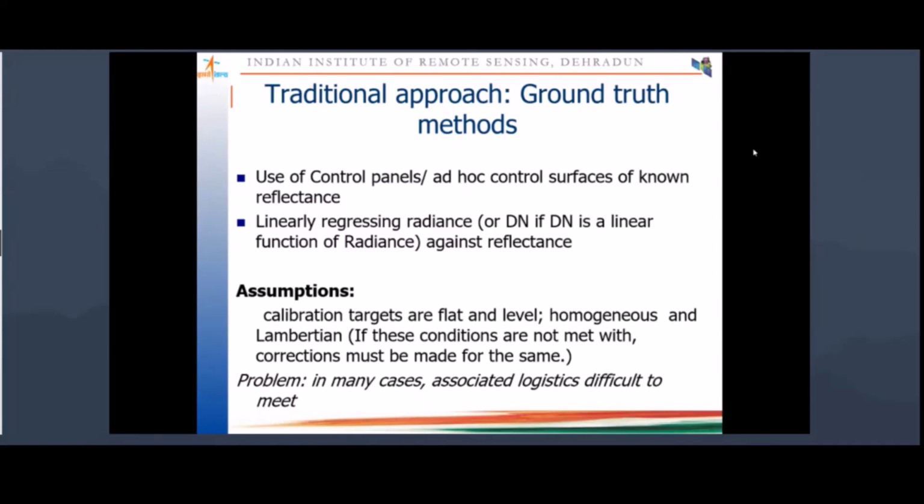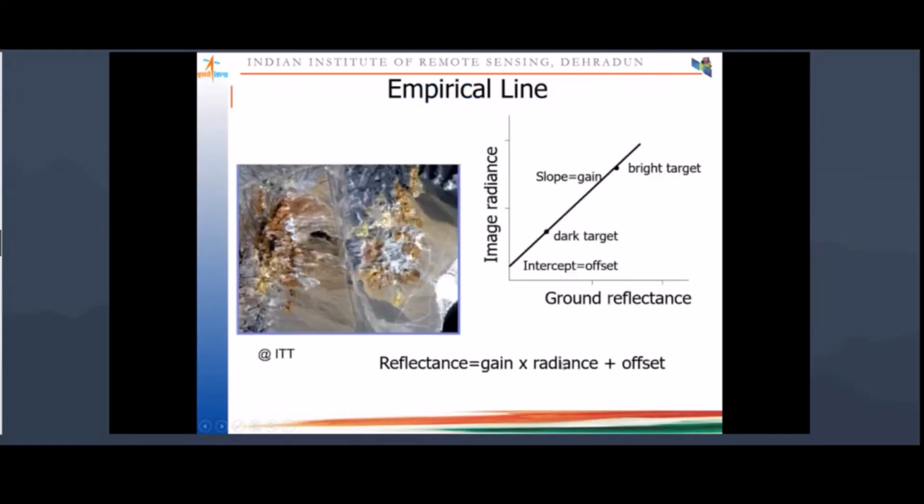But for non-linear relationships, you... So this method is also called the empirical line approach. So you have a direct relationship between the radiance and the reflectance, so spectral reflectance directly. Now you don't get apparent reflectance.